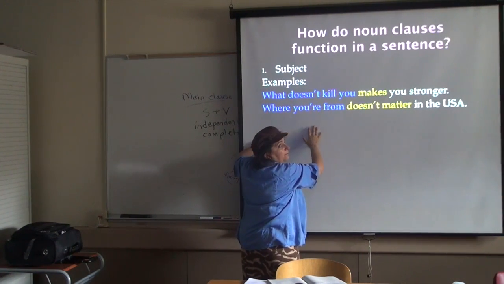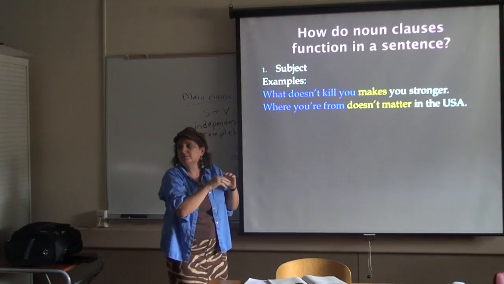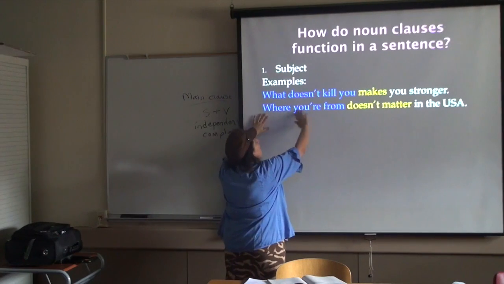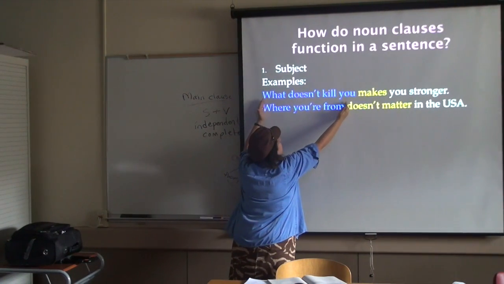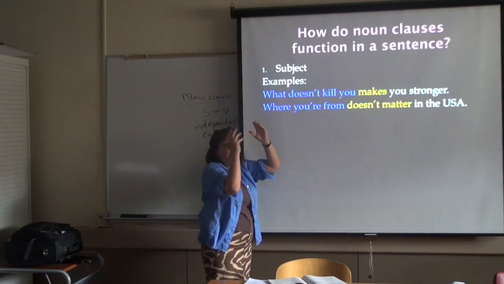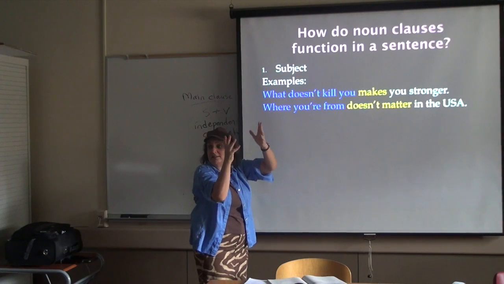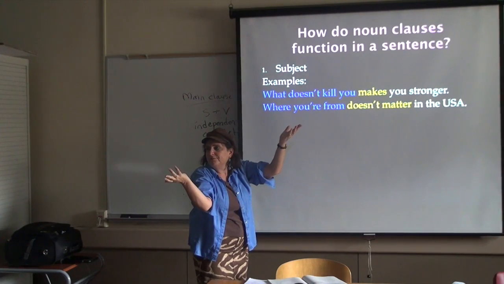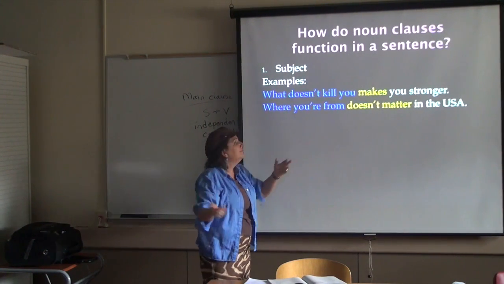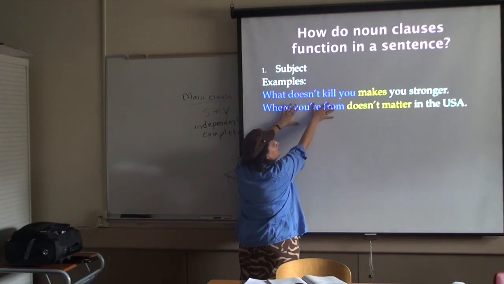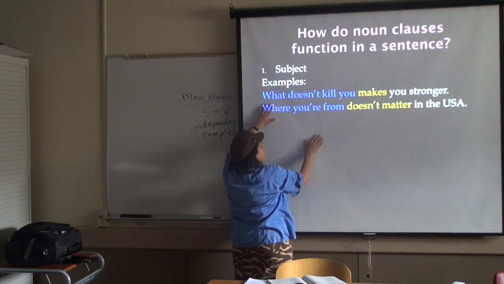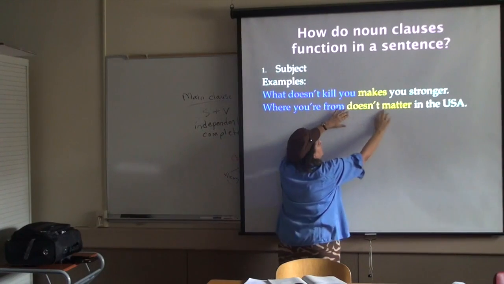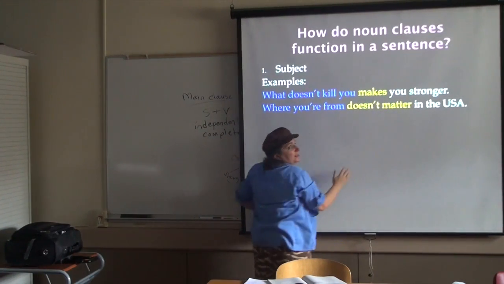Where you're from. This whole clause is the subject. We can substitute it with the word it, that, something. This is my subject, it. Here's my verb. Doesn't matter in the USA.